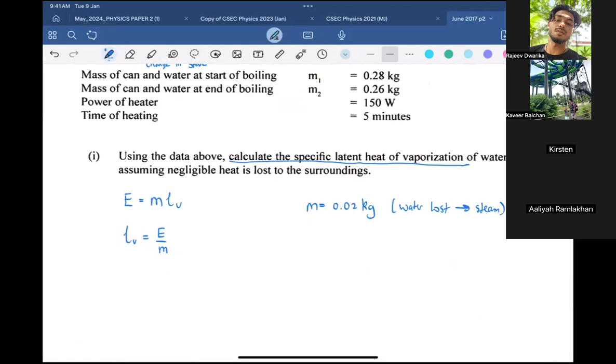Do you all remember the formula for energy? There's a formula for energy involving power. Energy is equal to what? I thought I'd sent you all the physics formula sheets a while back.